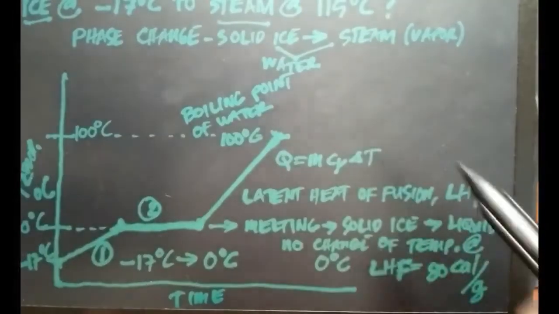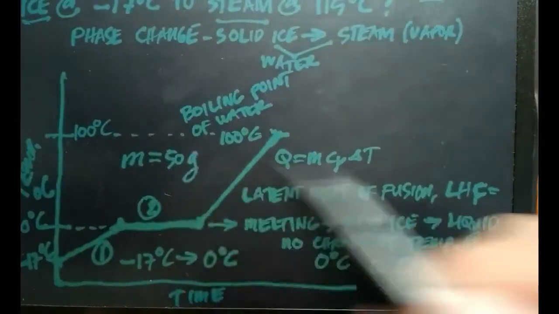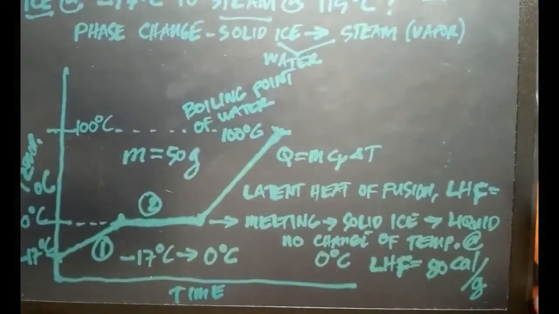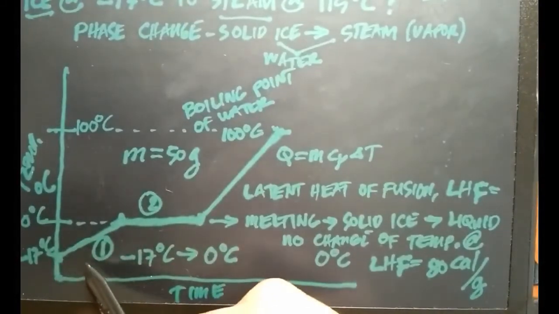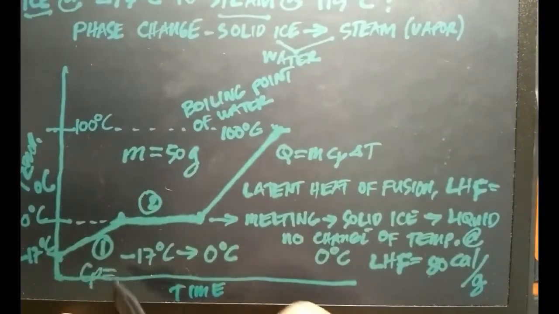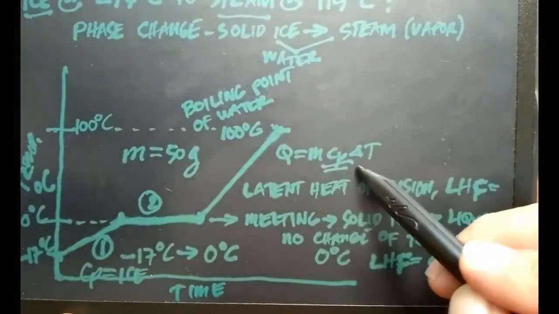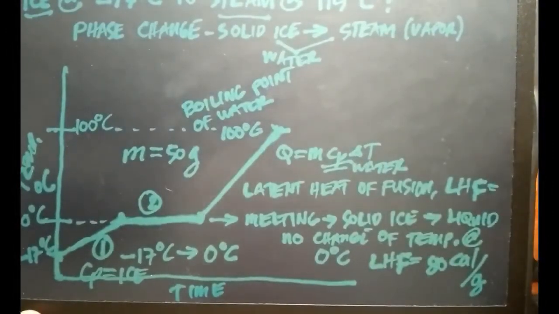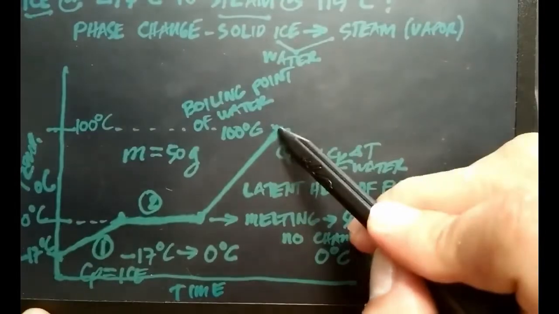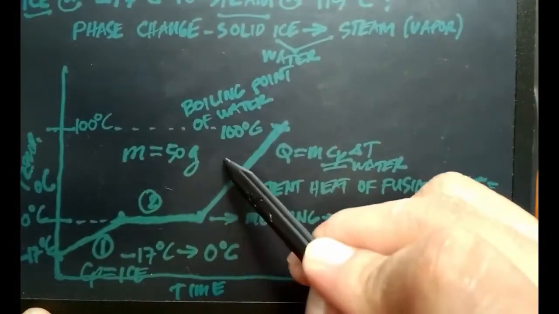For all the processes, we're going to use the mass of 50 grams from our given. By the way, in phase number 1, we use the specific heat of ice, and for this process, we're going to use the specific heat of water. We're going to call this phase number 3.